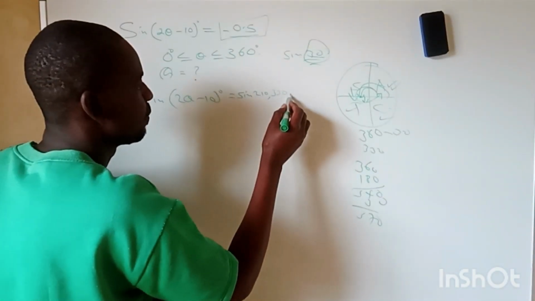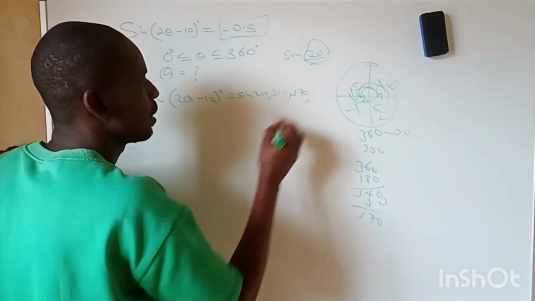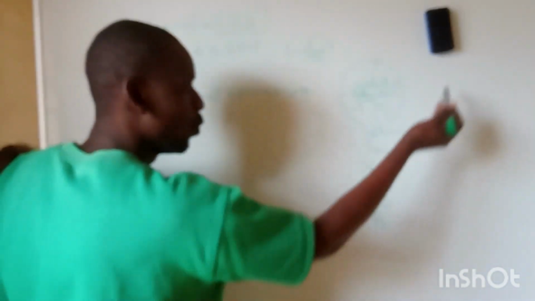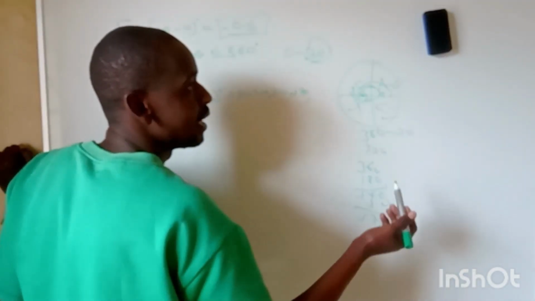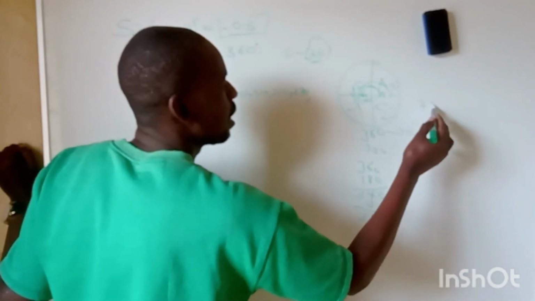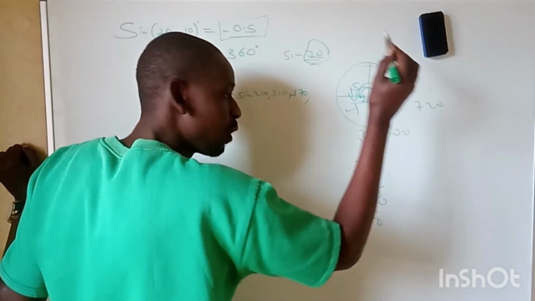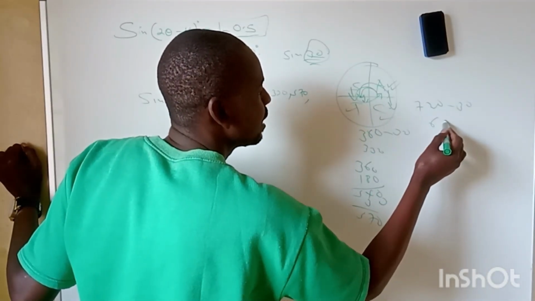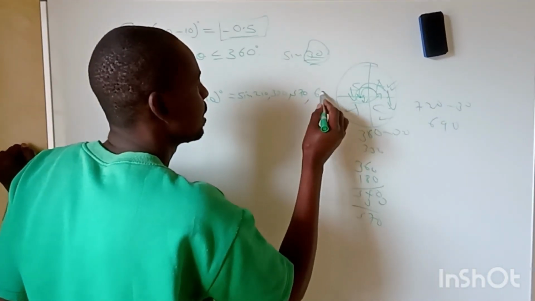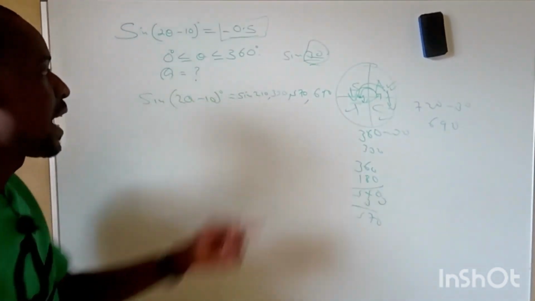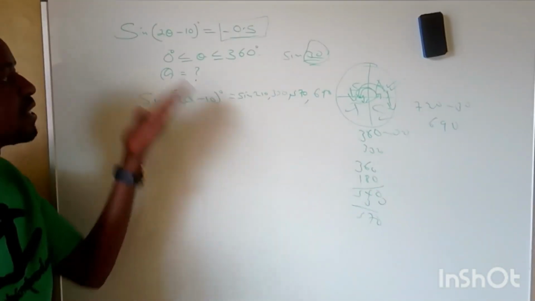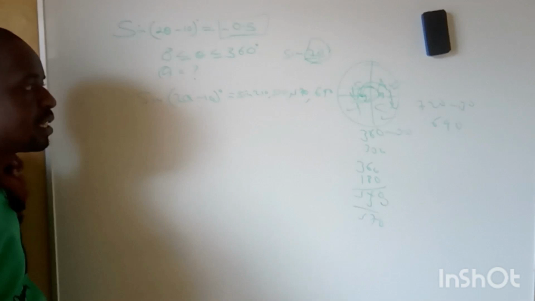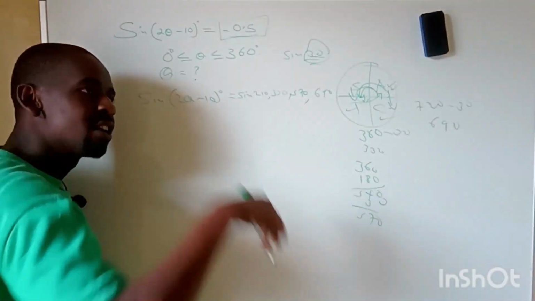The last one here, you go 360 and 360, that is 720. Then for you to fall back, you deduct 30, which is 690. So the sine of 690 is negative 0.5, and the sine of 570 is negative 0.5. You can also go the third round, the fourth round, and the fifth round.